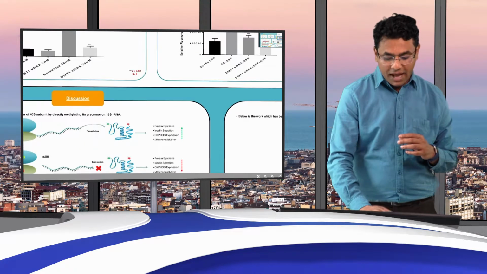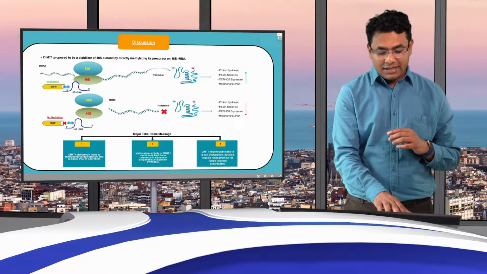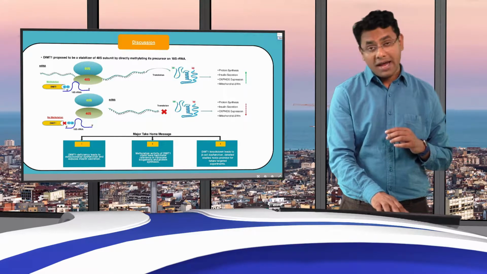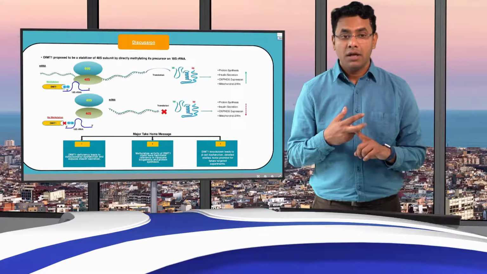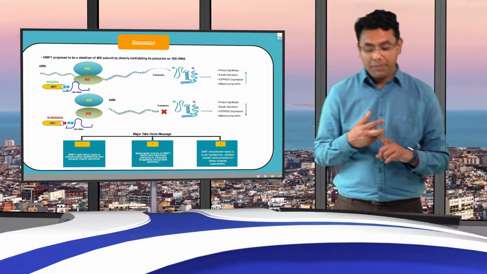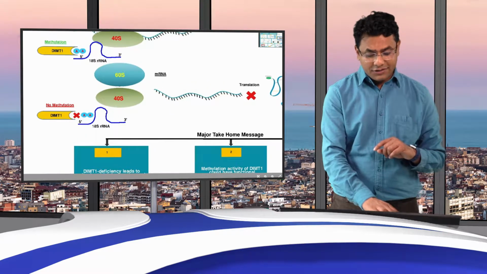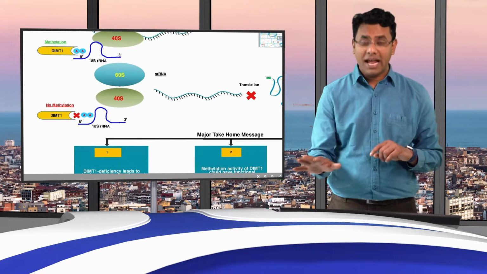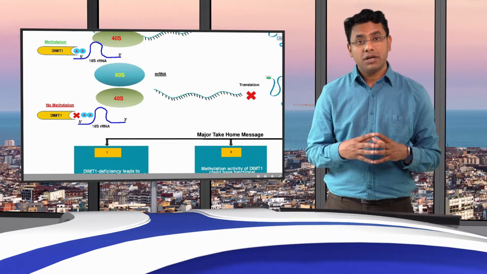So this is our developing hypothesis that we have put forth: in the control cells, as you can see, the 60S and 40S bind after the stabilization process, and they translate the protein. So you have high protein synthesis, you have normal insulin secretion, you have OXPHOS expression, and you have healthy mitochondrial membrane potential. Whereas when we knock down DIMT1, there is no methylation, and that methylation is very instrumental for the ribosomal subunit stabilization.